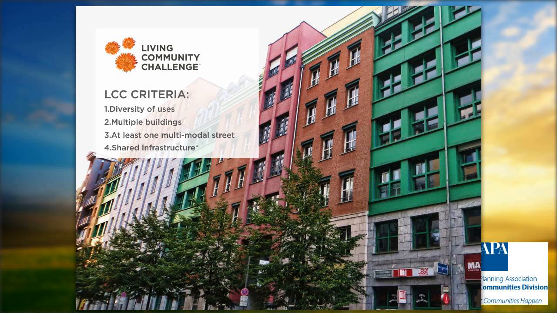That's the access to essential components of livability, places to eat and sleep, work, play, where services are provided. You need multiple buildings and at least one multimodal street. Shared infrastructure, energy, and water is optional, but it is a typical indicator of a Living Community Challenge project. Those communities that don't meet criteria 1 through 3 are encouraged to use the Living Building Challenge standard.